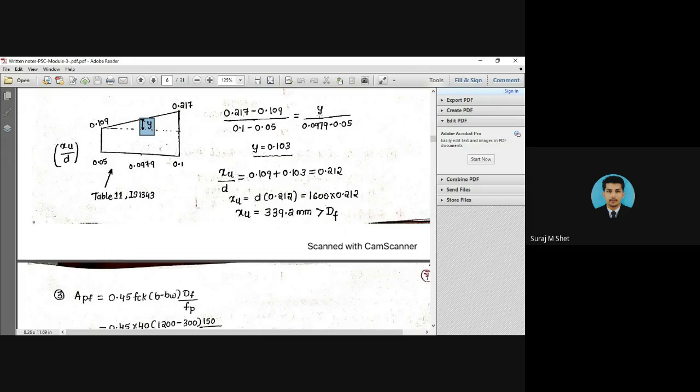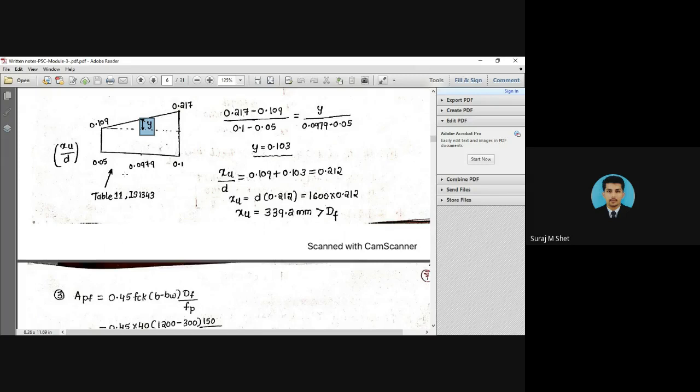So y divided by corresponding value of y is here, 0.0979 minus lower value. What it minus lower value? Y minus 0.0979 minus 0.05. So cross multiply, we will get y value is 0.103.